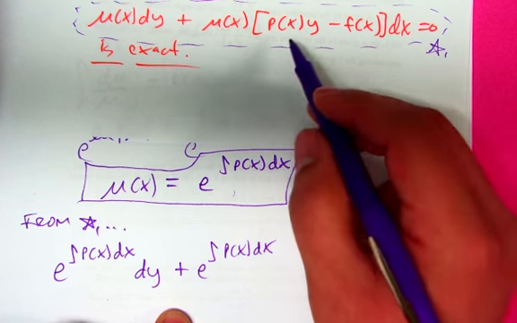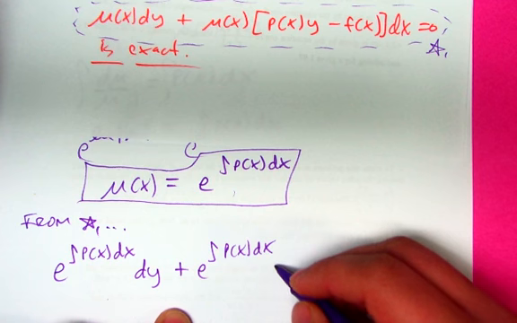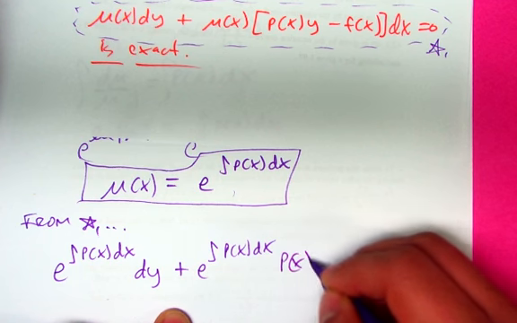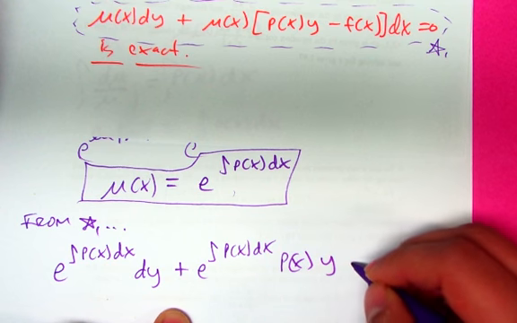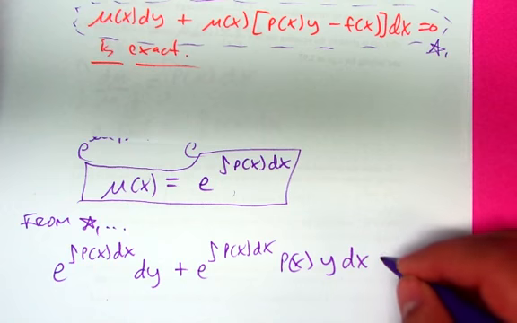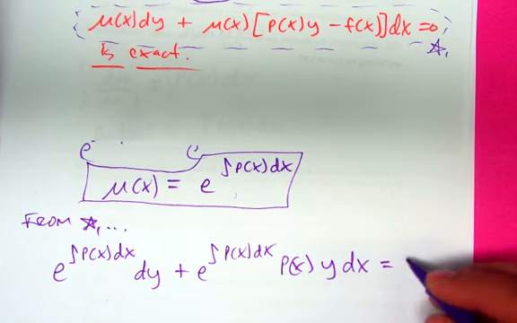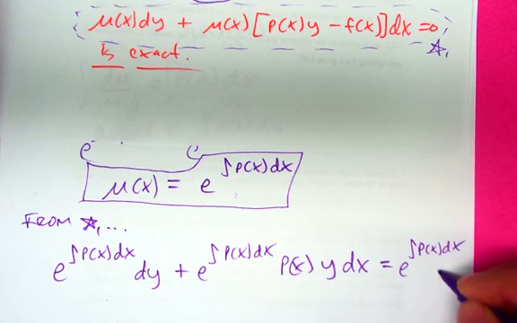So back up here, I'm going to put the function f of x back on the other side. So that now it's going to be e to the integral of p of x dx p of x. And then we should have a y in there still. And then this has the dx. And now on the right-hand side, we're going to have e to the integral of p of x dx times f of x dx.